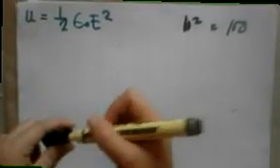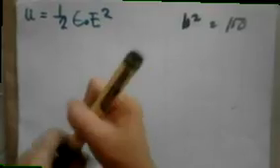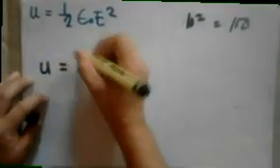So for question B, our energy density u becomes 100 joules per cubic meter.